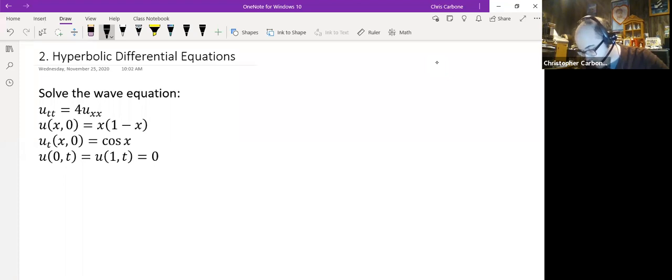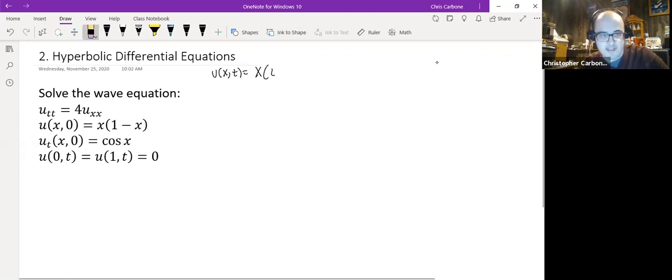And from this, we need to separate our variables. So we would have u of x comma t being equal to X of x times T of t.